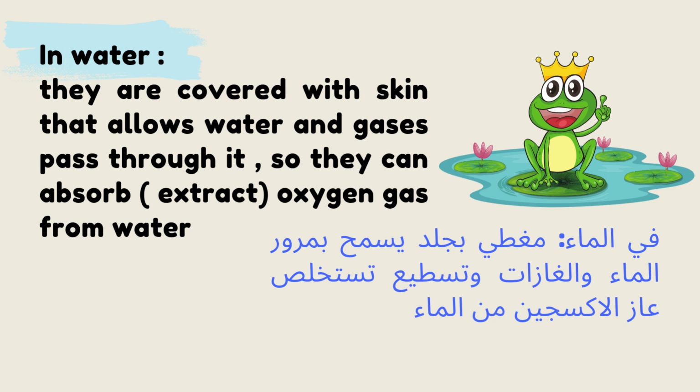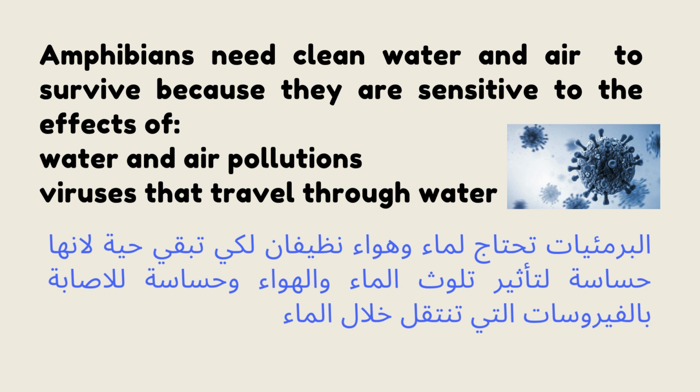As amphibians breathe in water and on land, they need clean water and air to survive because they are sensitive. What is the meaning of sensitive? Sensitive means they are affected easily.